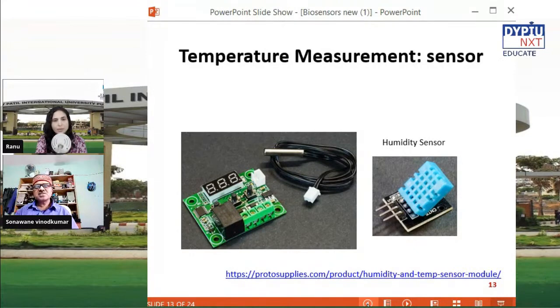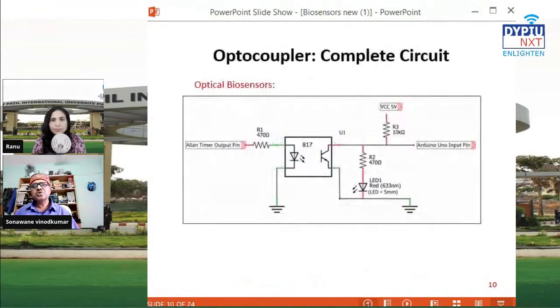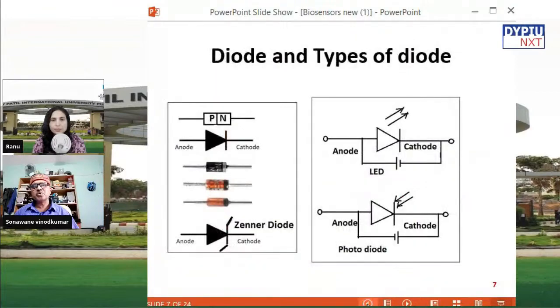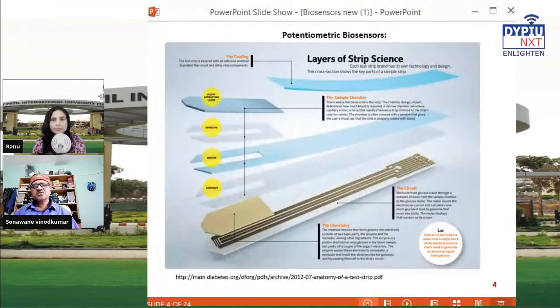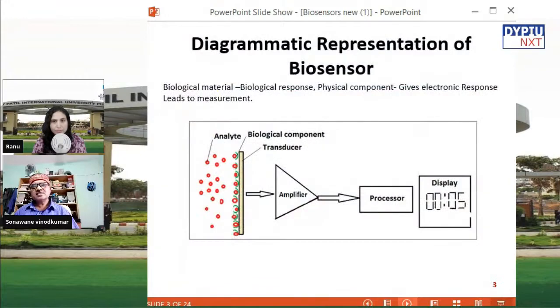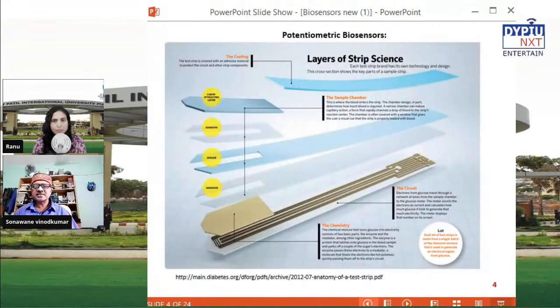So the substrate is the main thing. One of the substrates I explained was in the glucometer, how sugar is measured in the glucometer. So the substrate is an important part, and the children can invent or design their own substrate.